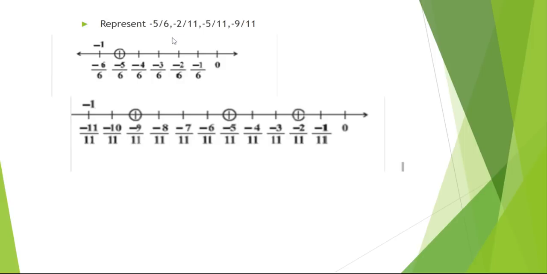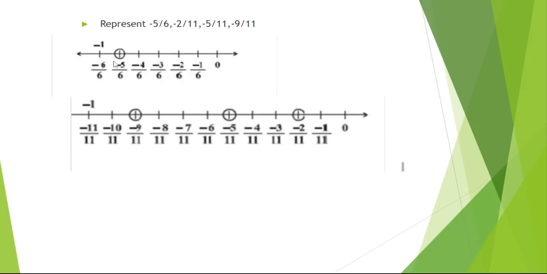So, for minus 5 by 6, since you know it's a negative rational number, it lies on the left side of 0. So minus 1 by 6, minus 2 by 6, minus 3 by 6, minus 4 by 6, minus 5 by 6, and minus 6 by 6. So now if the denominator is 6, how many parts do you need to divide it into? Exactly 6 equal parts.